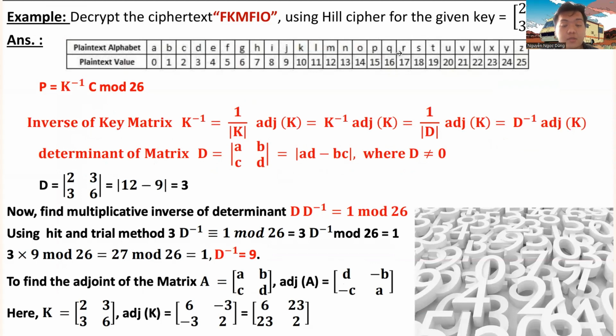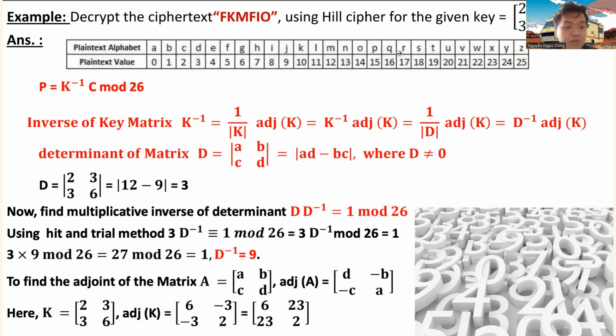The determinant of matrix K is D equals AD minus BC, where D is different from 0. So D equals 2 multiplied by 6 minus 3 multiplied by 3. We got the number 3.